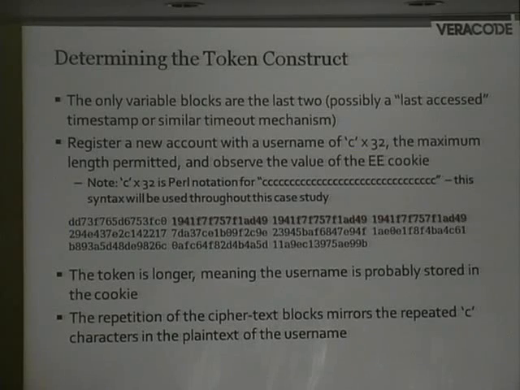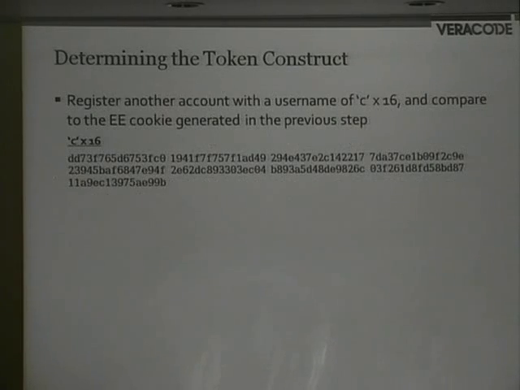And then what's more interesting there is that we see this repetition that I mentioned before. You see the repetition of the ciphertext mirroring that repeated input, the 32 C characters. So what you're looking at there is probably, I'm getting ahead of myself. So what we're going to do now is we're going to do this again.